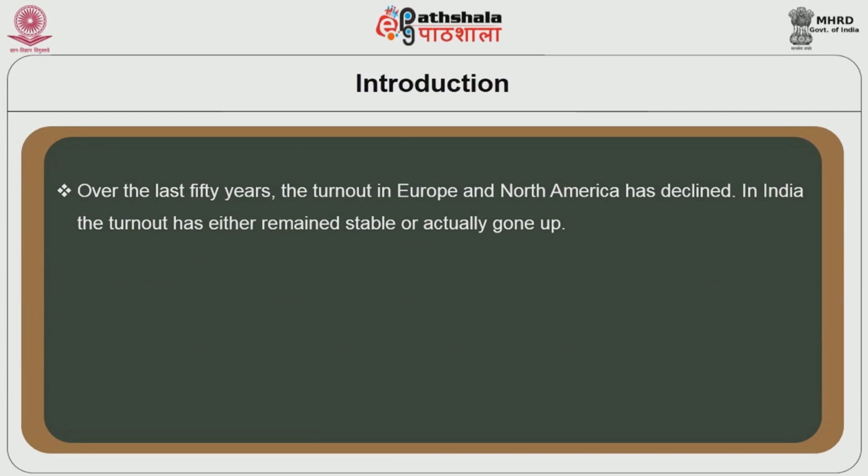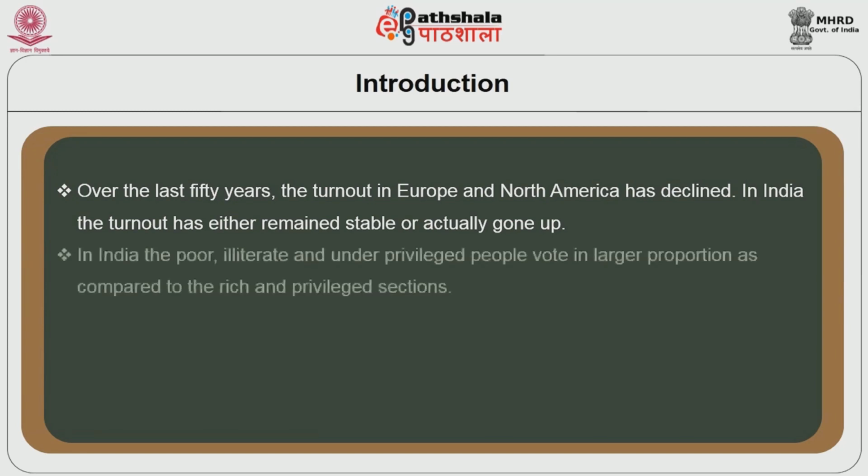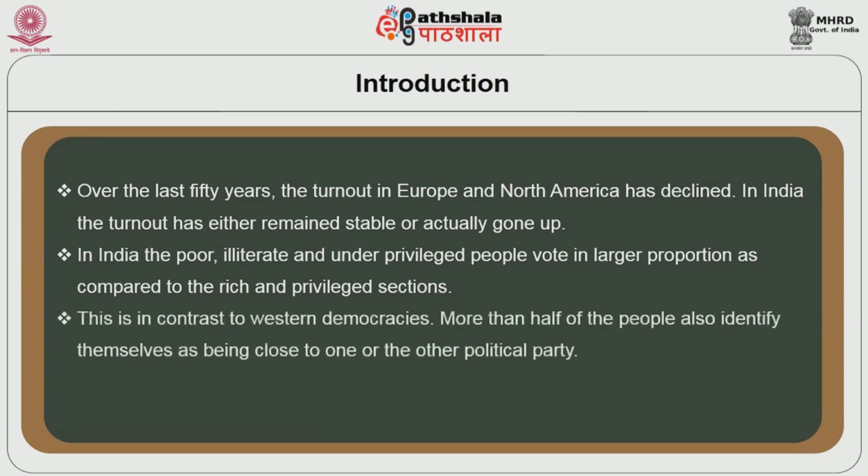In India, the turnout has either remained stable or actually gone up. In India, the poor, illiterate and underprivileged people vote in larger proportion as compared to the rich and privileged sections. This is in contrast to Western democracies. More than half of the people also identify themselves as being close to one or the other political party.